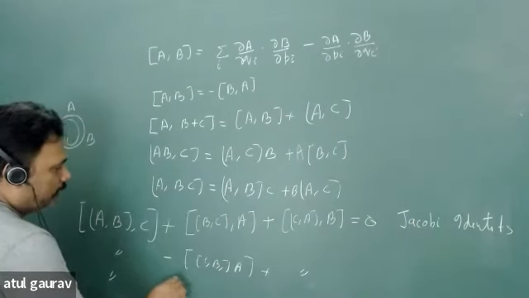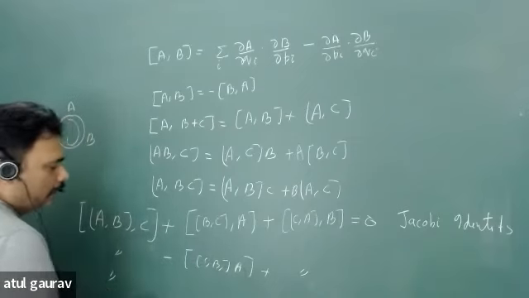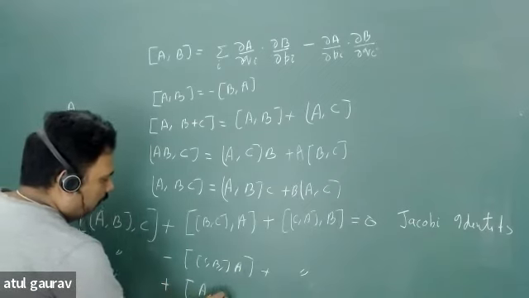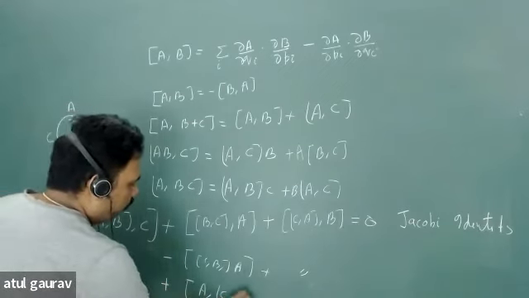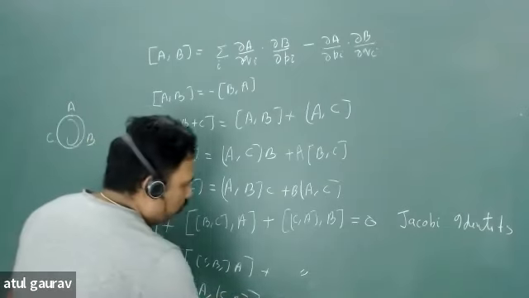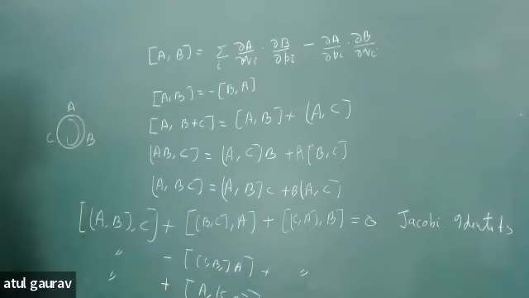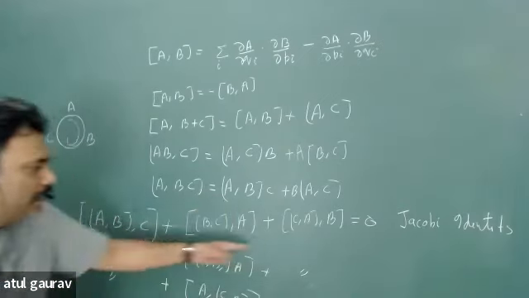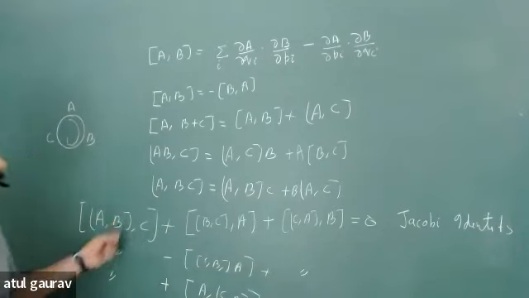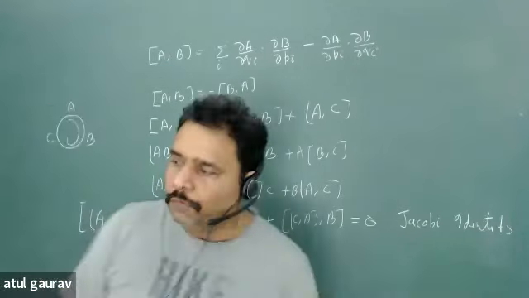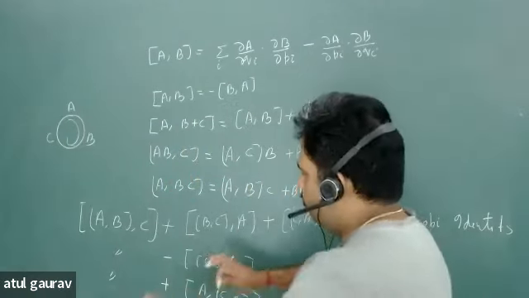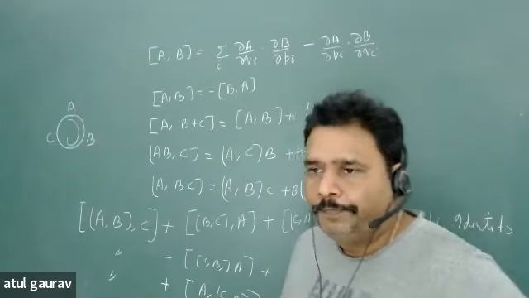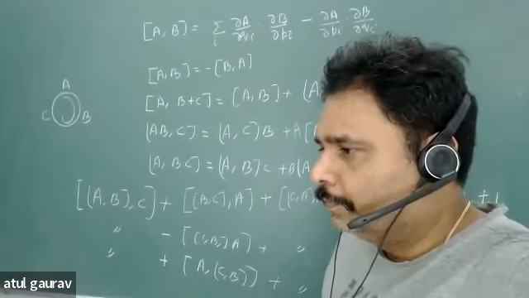And if A is written first and CB after, then a plus sign. This will be A and CB. Are you getting my point? And this will remain the same. So you always write the first trivial part, and after that, according to the examiner's choice, you can change the plus and minus and adjust everything easily. Clear? Yes, sir.